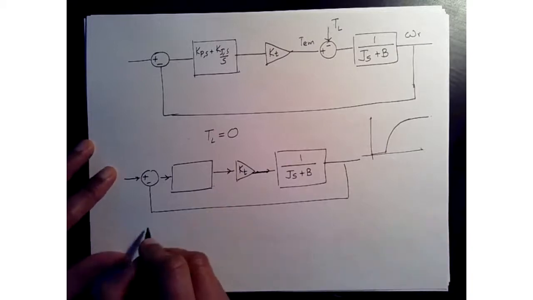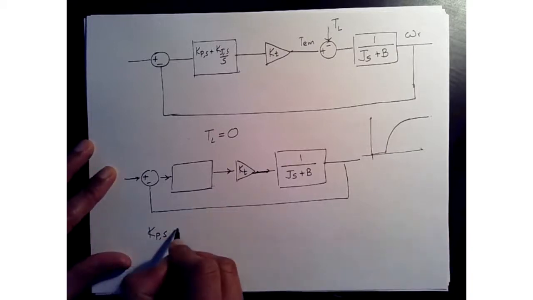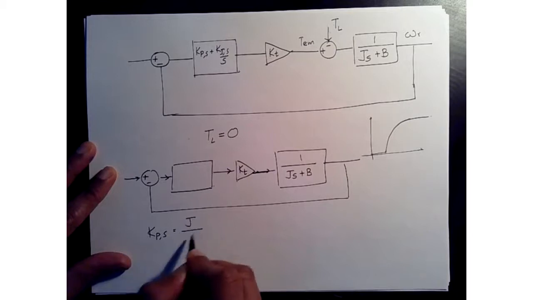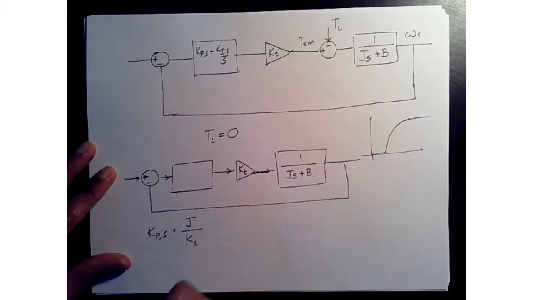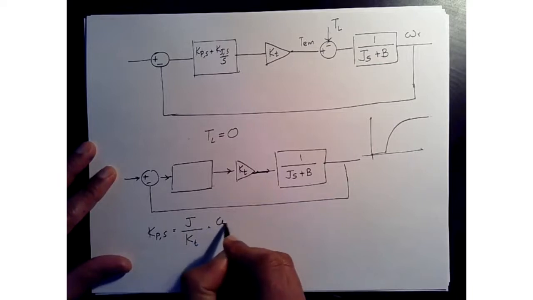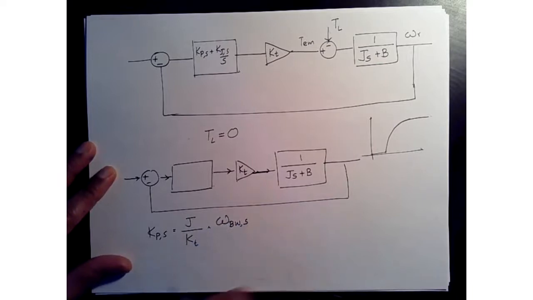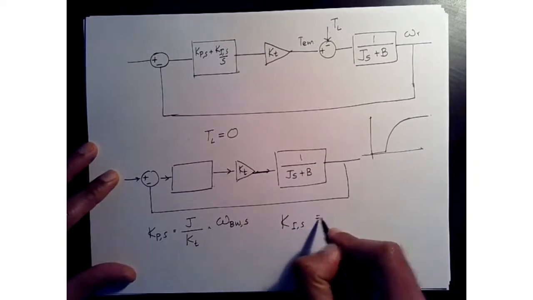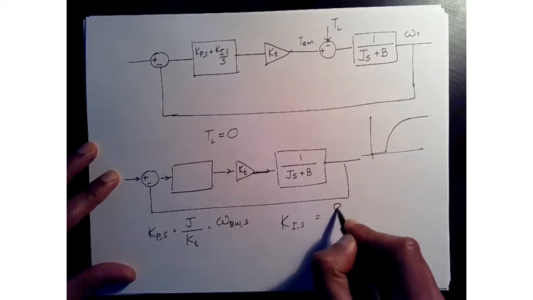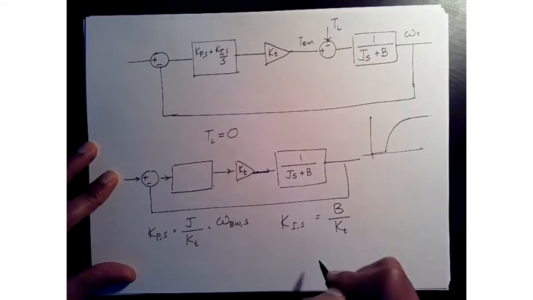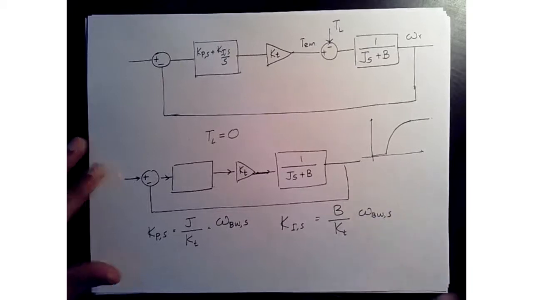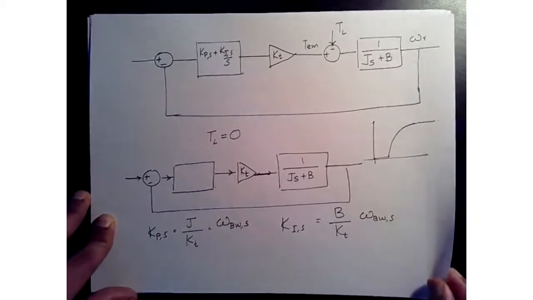Okay, so for this case, KPS for the speed controller, we can choose our gains in this way. We can say J over KT, because we have a KT term here, right? Times omega bandwidth S. Okay, for Ki of S, we have B over KT times omega bandwidth S. Okay, so we have this.